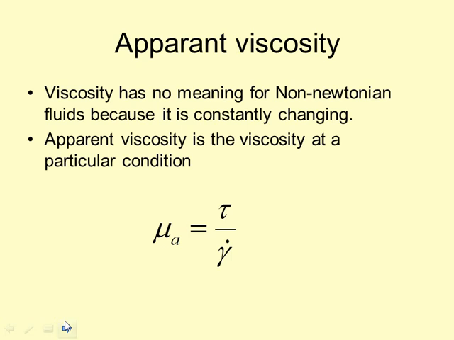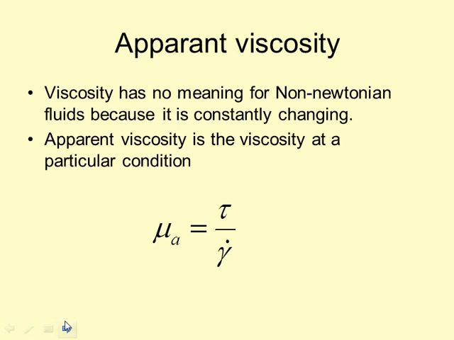Now this one is mu apparent, because at a particular instant it has a value, but that value may not be constant. When you shear at a given rate and measure this, you get a value, and that's your apparent viscosity. But if the fluid is funny, if you continue shearing it, or shear at different rates, you might get a different value, and so on. That's why it's only called apparent.